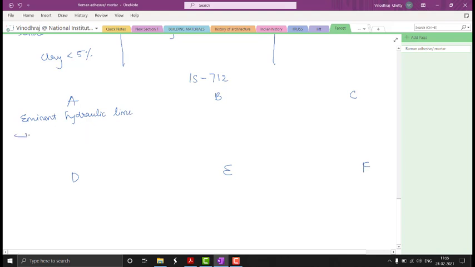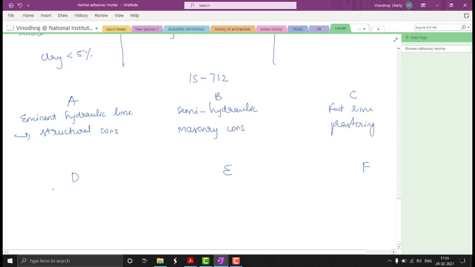This is used for structural construction, basically. Second one is semi-hydraulic lime. Semi-hydraulic lime is used for masonry construction like mortar and everything. And there is fat lime, this is used for plastering, whitewashing.